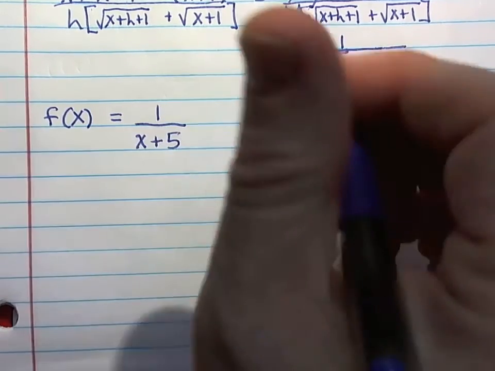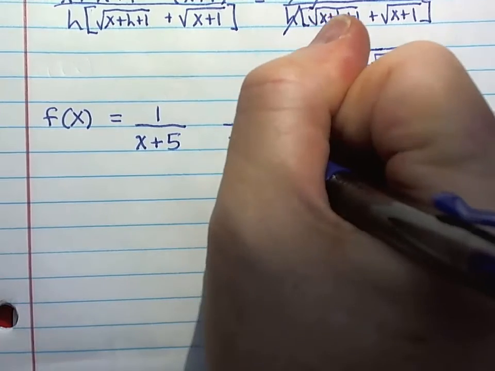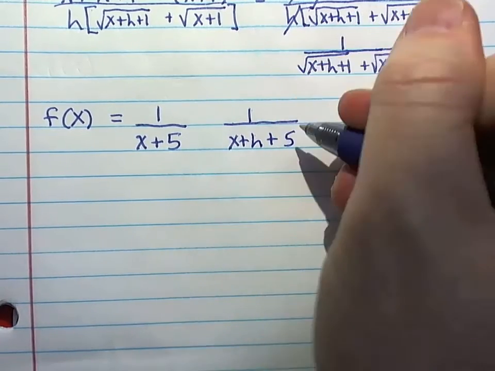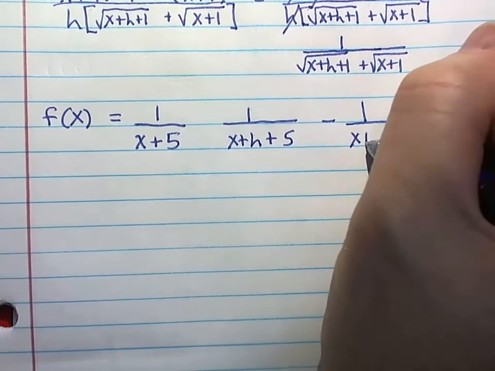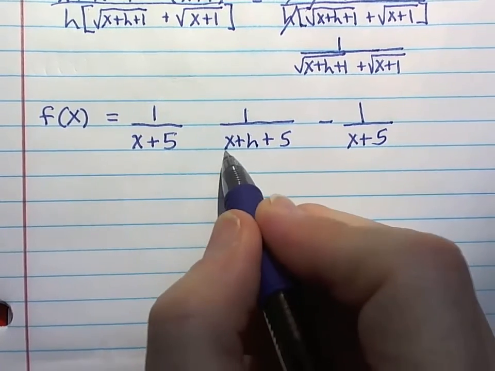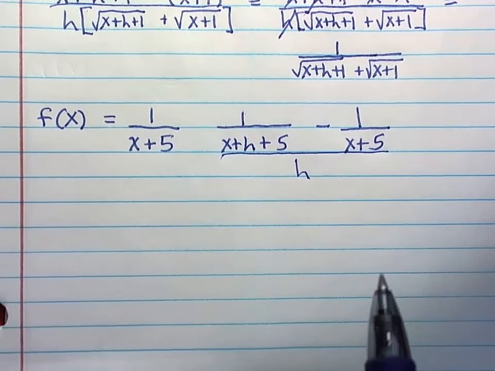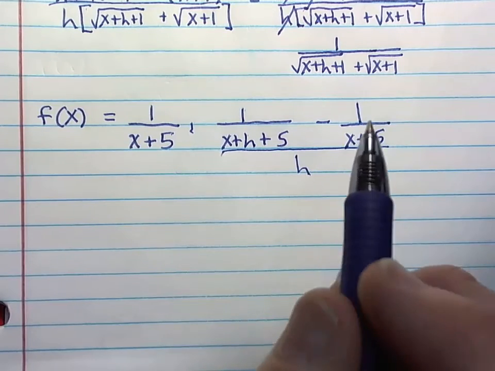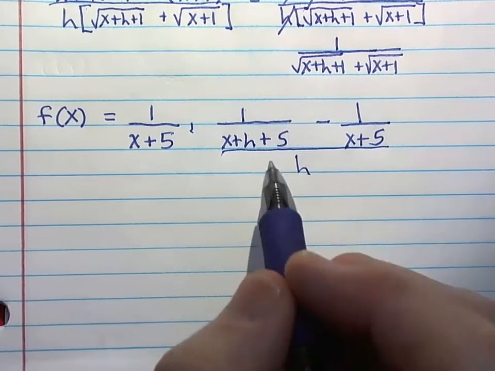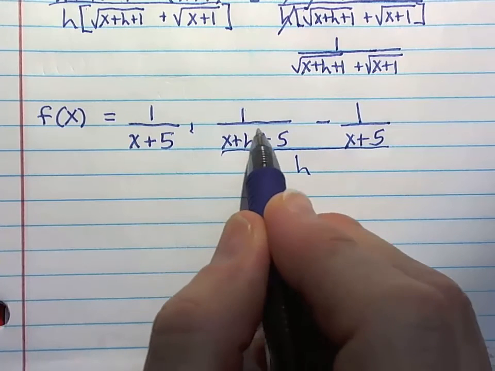Okay, so we set up the difference quotient. Okay, so that's the first step. Now, what we've got is this problem of the h's in the denominator up here.